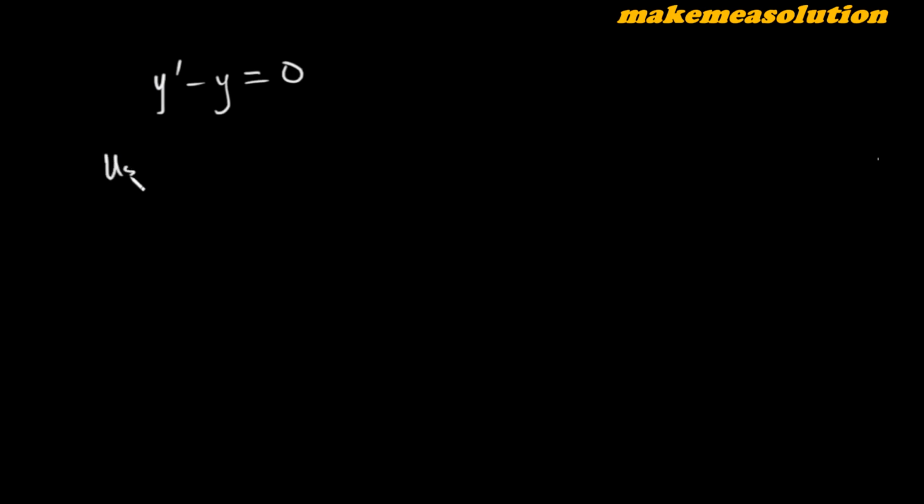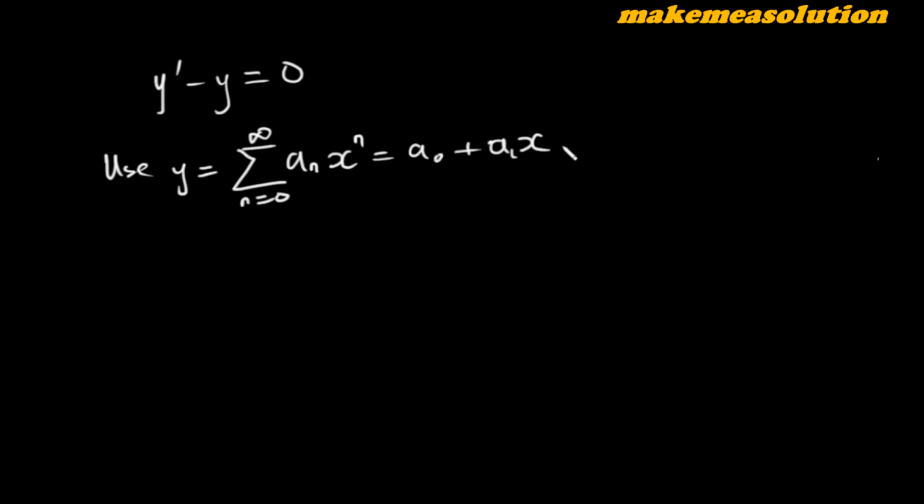Now, to solve this kind of problem, y prime minus y equal to 0, the method I'm going to recommend is you use y as an infinite series given in this form, the sum of a n x raised to the power of n. This is a naught plus a1x plus a2x squared plus dot dot dot. It keeps going like that.